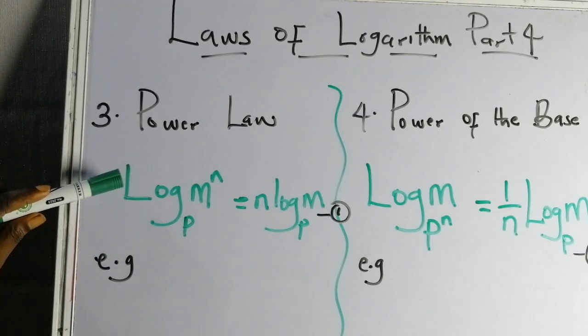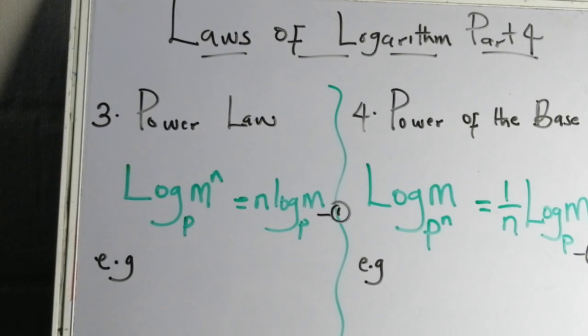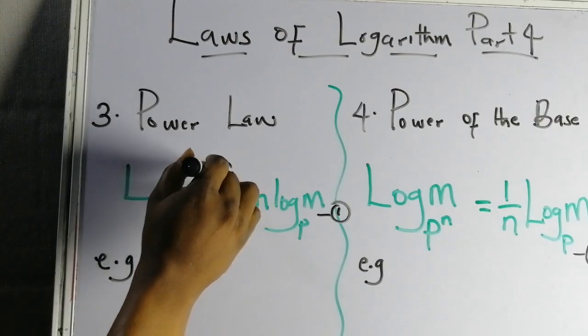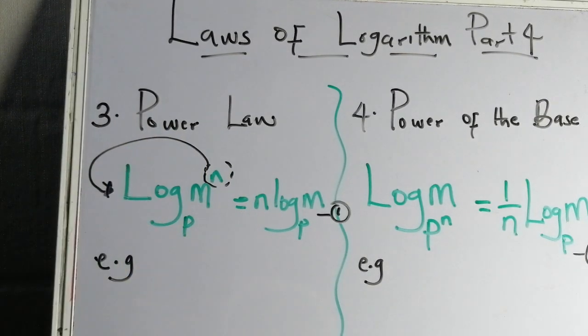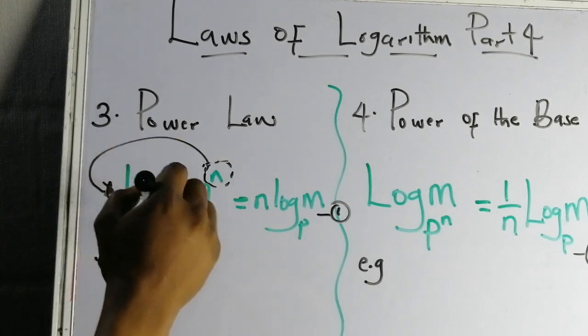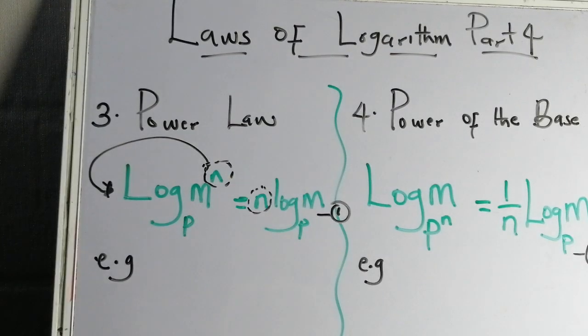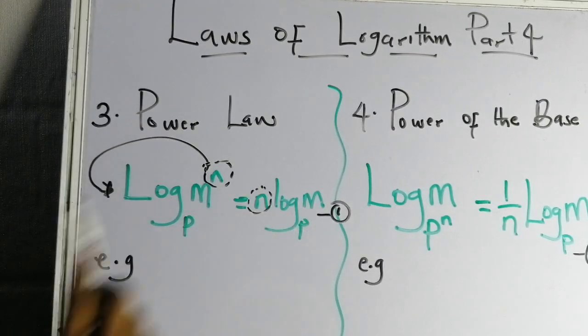When you have log m raised to power n base p, it means that this n you see here will move to the back of log. The n you see here moves to the back of log, so it becomes n log m base p.